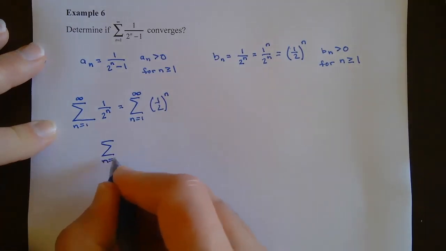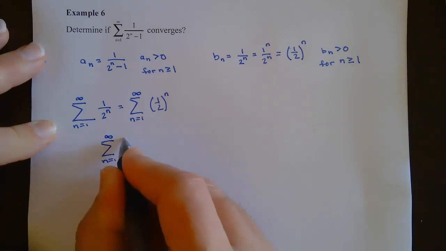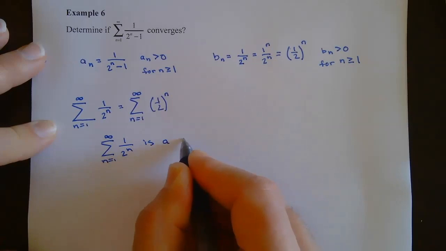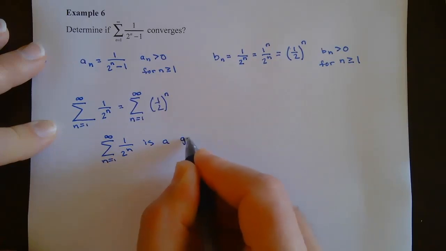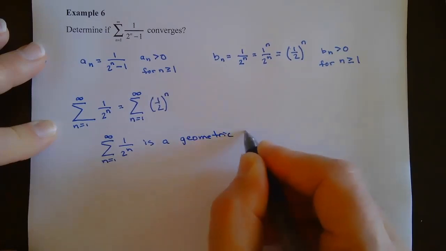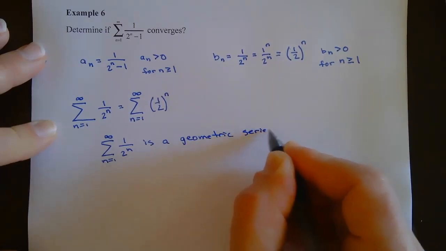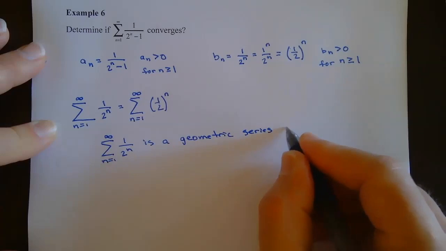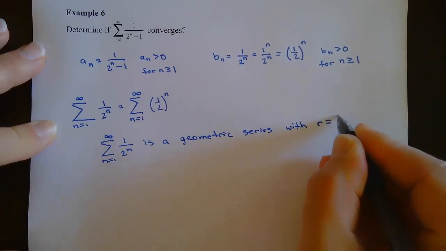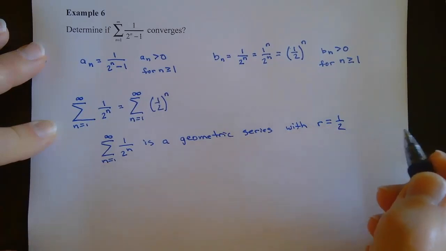The sum from n equals 1 to infinity of 1 over 2 to the n is a geometric series with r equal to 1/2.